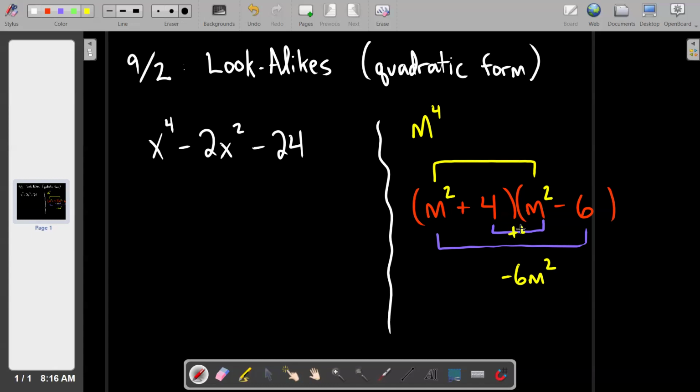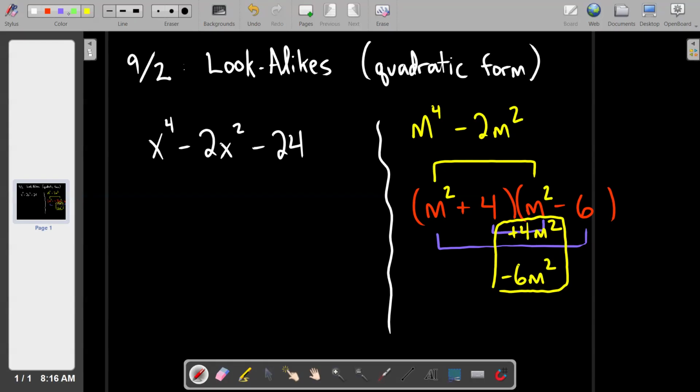Plus 4 m squared, right? So if you take those two yellow things that I just wrote and you add them together, what do you get? These two in the box. You get negative 2 m squared. When you add them, right? When you combine like terms, negative 6 plus 4 is negative 2.